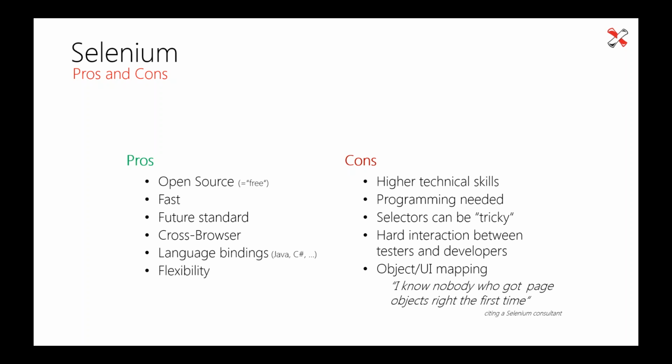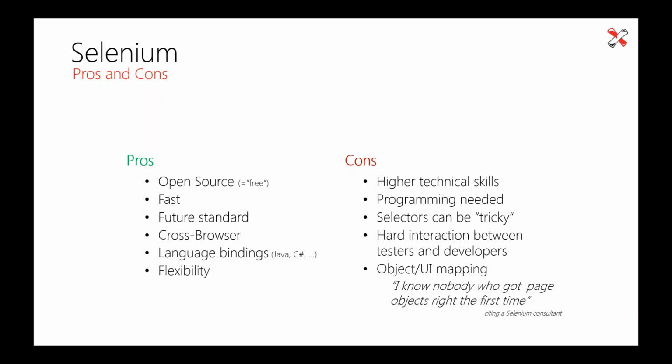Page objects is a famous pattern for how to create your UI mapping, how you build up this mapping in Selenium, that you implement functions for an individual page with the objects behind it, roughly speaking, and usually many things can go wrong in this UI mapping, in this object mapping.